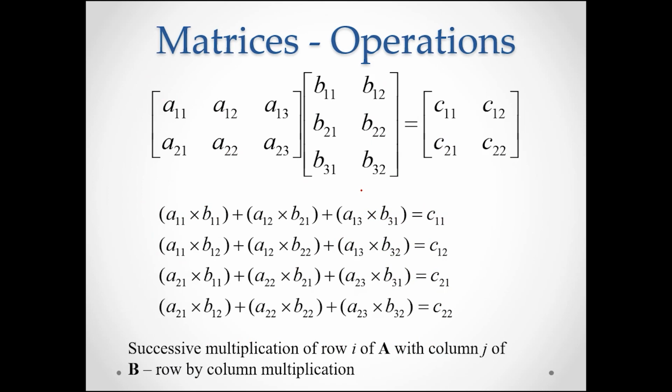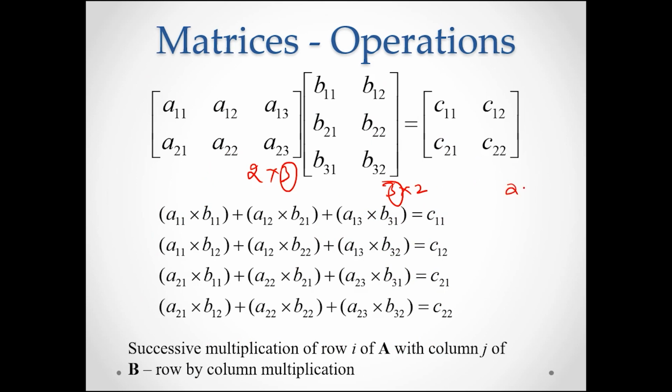Now multiplication is quite easy. Now what exactly are we going to do? If the first matrix is of order 2 cross 3, and the second one is of order 3 cross 2. Okay. Now, this is of order 2 cross 3. This is of order 3 cross 2. Conformability check done.